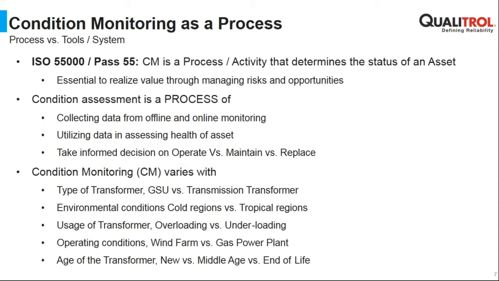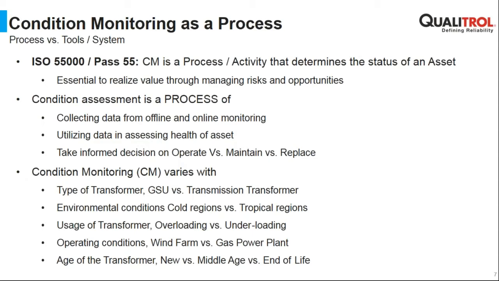If I just read out the PAS 55 definition, condition monitoring is a process or activity that determines the status of an asset, and the essence of condition monitoring is to realize value through managing risk and opportunities. So in summary, condition monitoring is a process of collecting the data related to the condition of the asset.